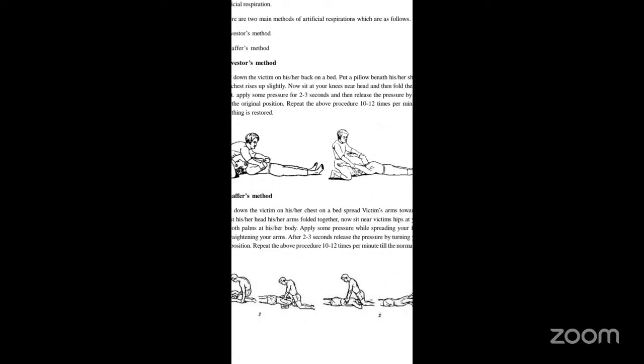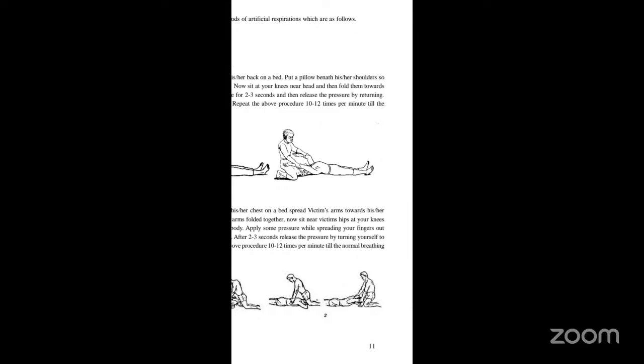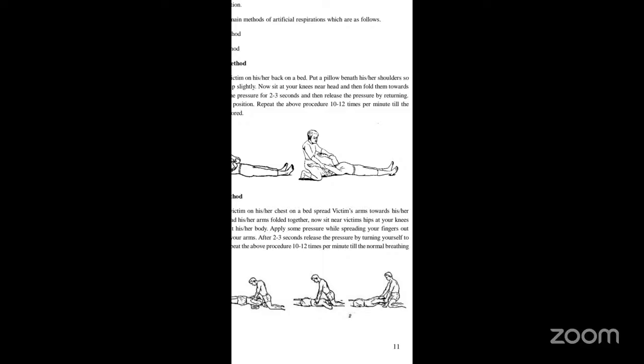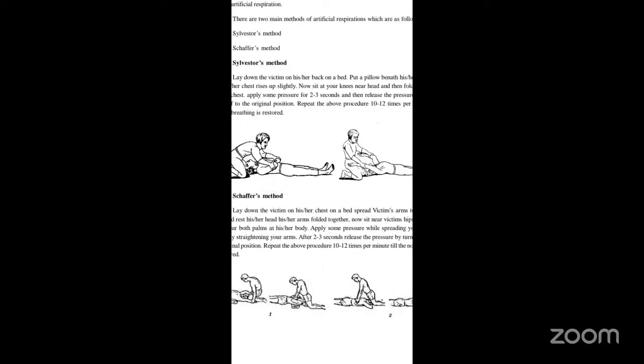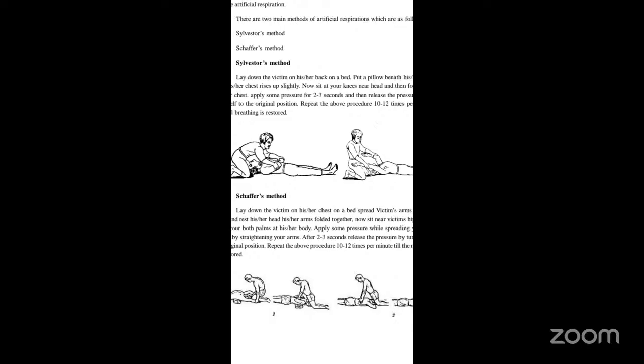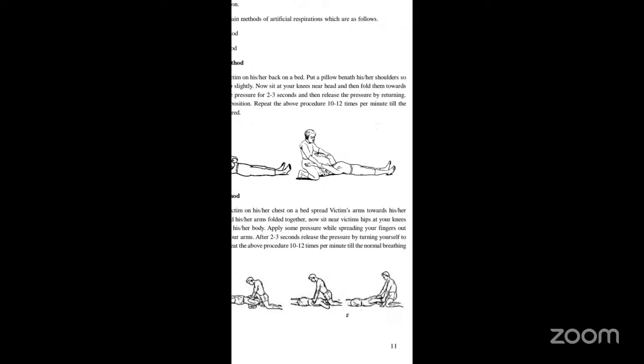Apply some pressure while spreading your fingers outwards by straightening your arms. After 2 to 3 seconds, release the pressure by returning yourself to the original position. Repeat the above procedure 10 to 12 times per minute till normal breathing is restored.